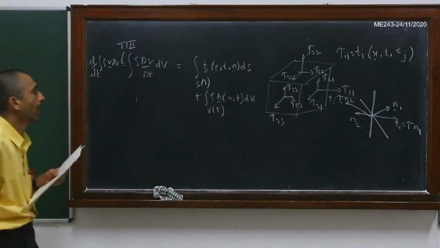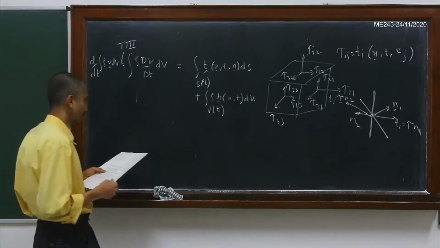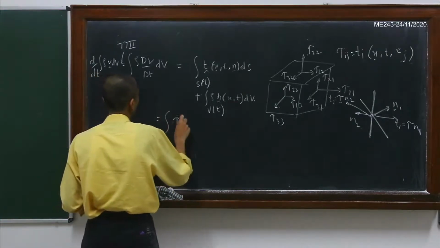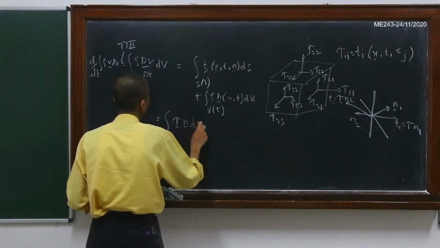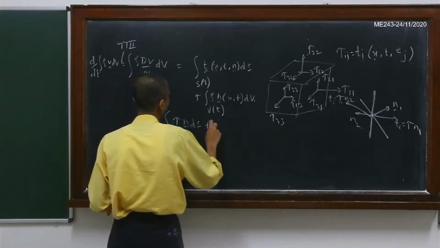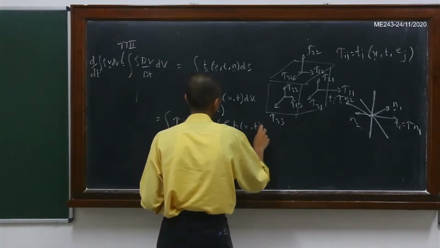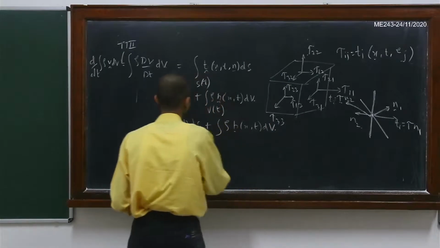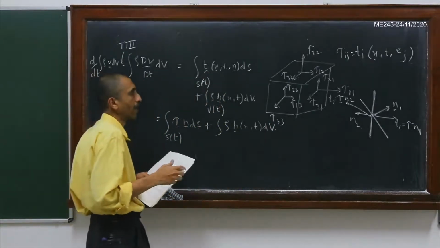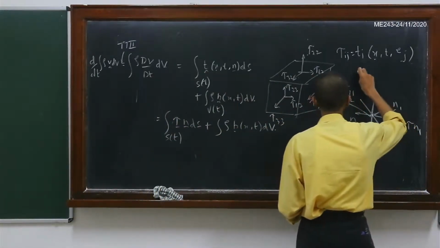Now we will use this, t is equal to tau n. I will substitute that here. So this is equal to the integral of tau times n times dS over S of t plus the integral of rho times b of x, t times dV. Now we can apply the divergence theorem to the first term. I have already given you the recipe for converting from surface integrals to volume integrals.